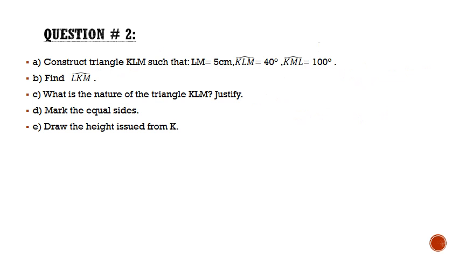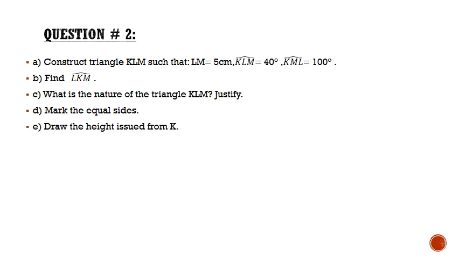Okay. In this question, I need to construct a triangle KLM such that LM is 5 centimeters. I have two angles, KLM 40 and KML 100. So going back to the construction of a triangle, what do I do first? First, we draw the line LM, which is 5 centimeters.